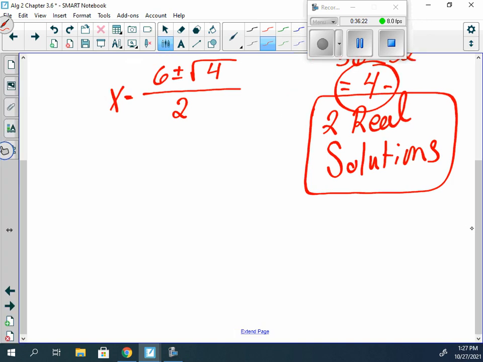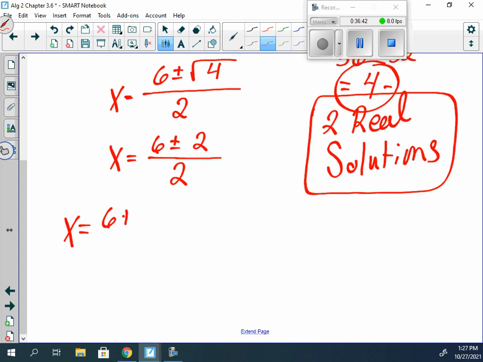Now, what is the square root of 4? It's just 2, yes? Can I do 6 plus 2? Can we do 6 minus 2? Well, yeah. Since we can actually add and subtract these, we're going to have to add and subtract. We're going to have to simplify these down.